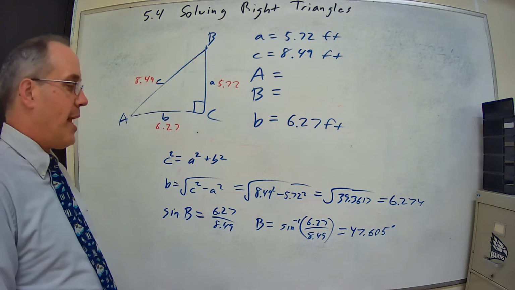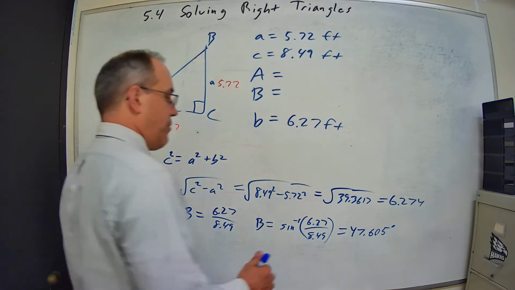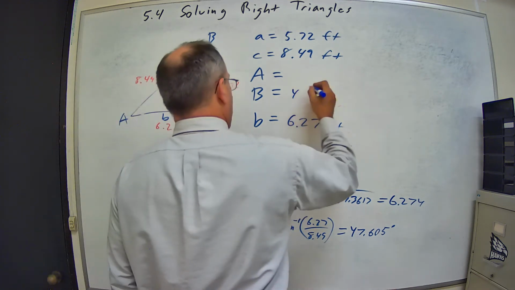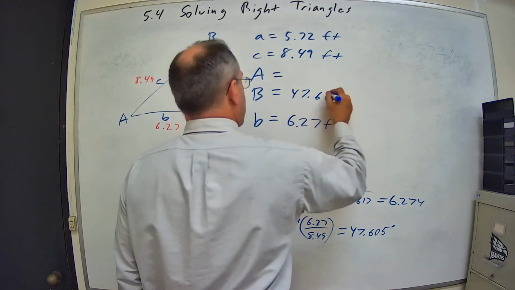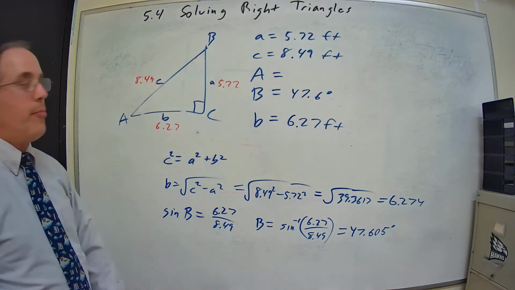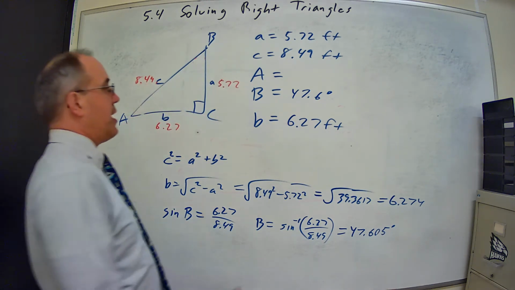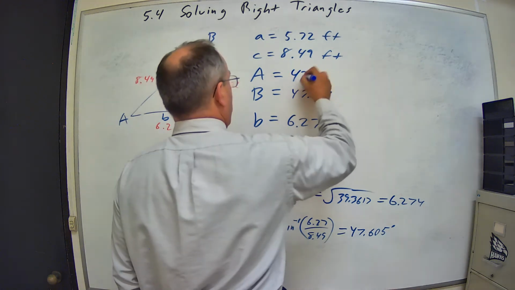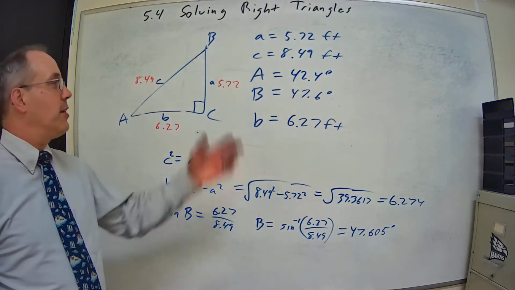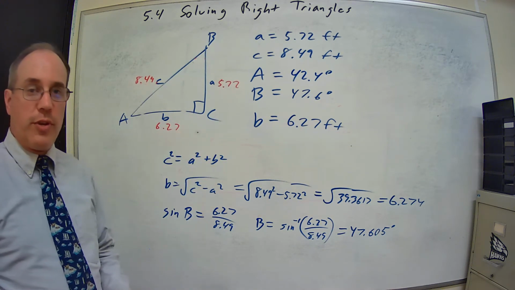I'm going to round that to one decimal place, so 47.6 degrees for angle B. For angle A, it's just the complement of angle B, so 90 minus 47.6 gives us 42.4 degrees.